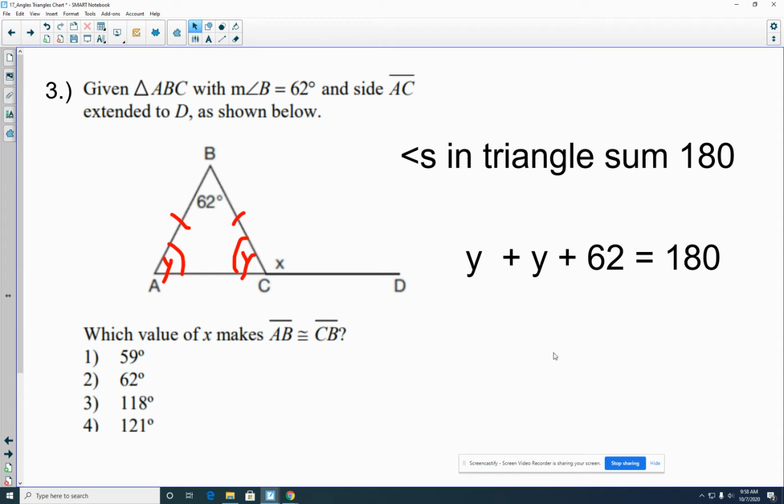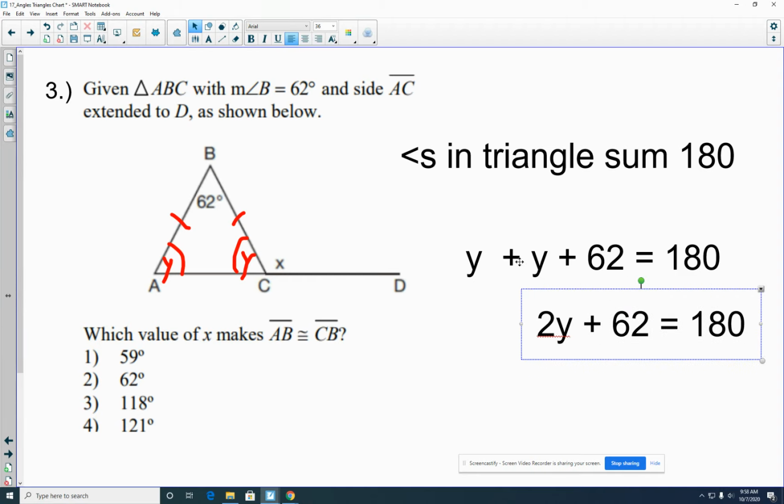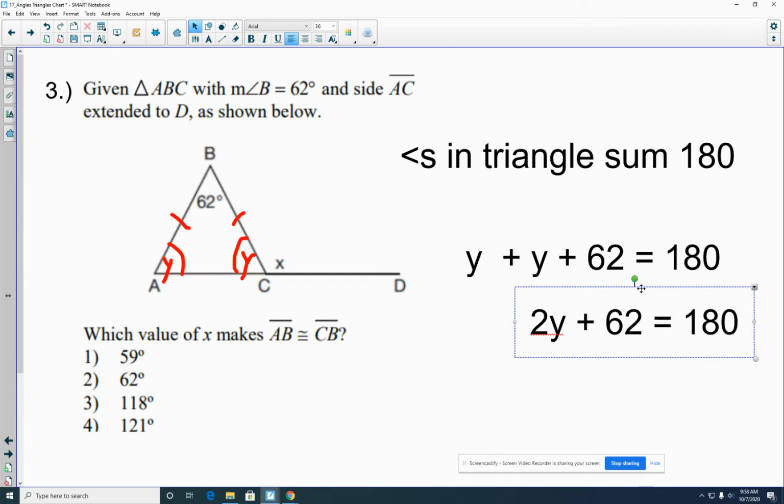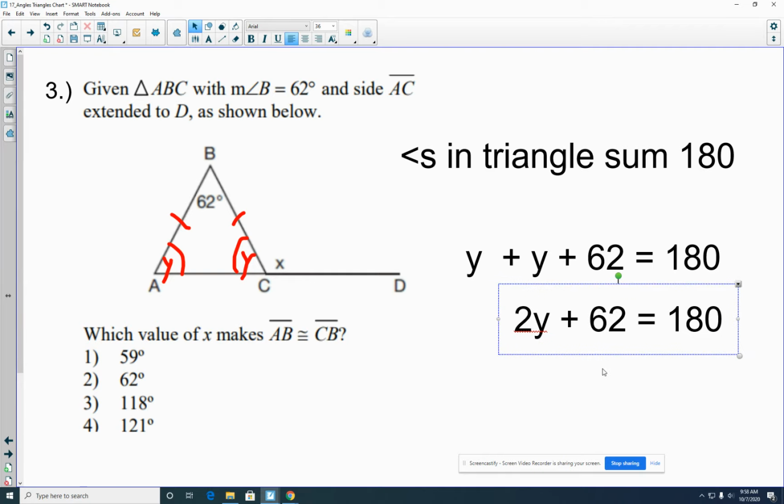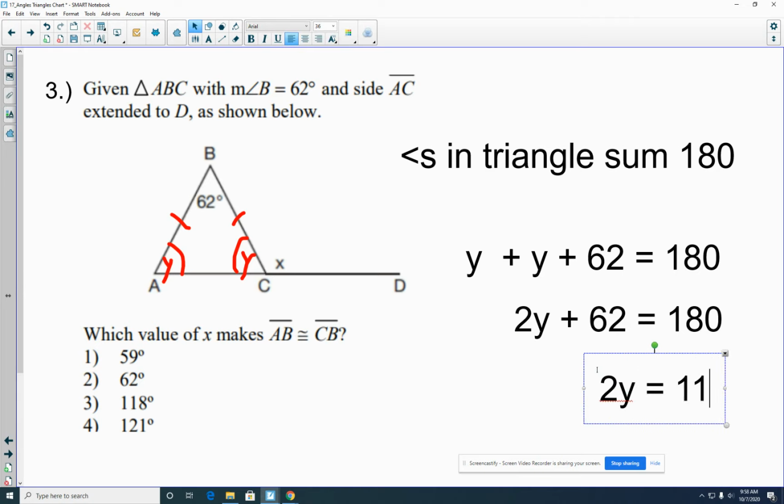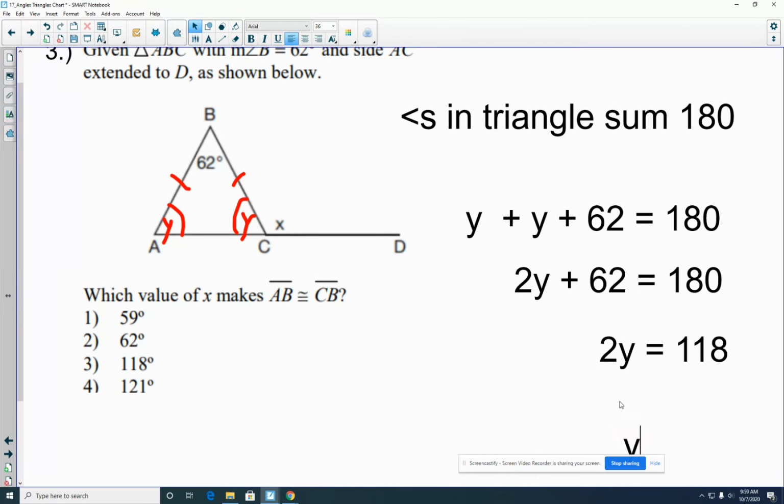All right, so now I have 2y plus 62, right? Because y plus y is 2y. And if I want to solve for y, I need to subtract 62. So I get that 2y is equal to 118. And then I need to divide by 2. And y is equal to 59.